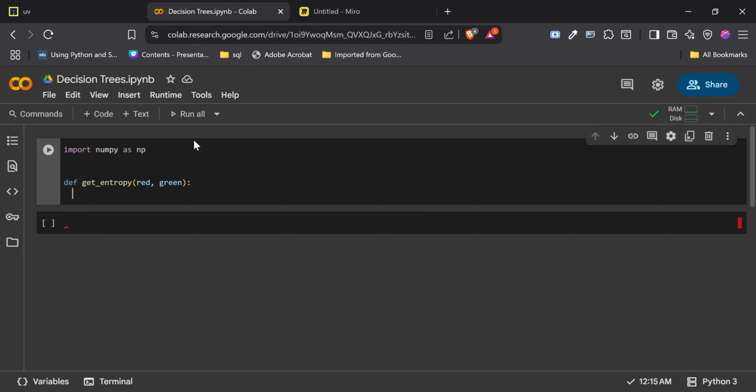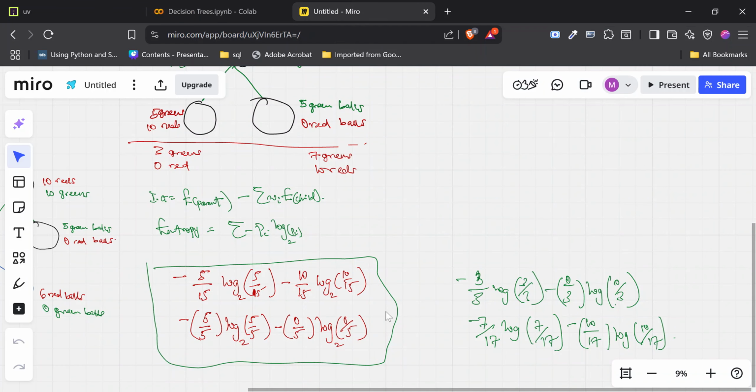Then we're going to put in this logic: negative green over total log green over total minus negative red over total log red over total.